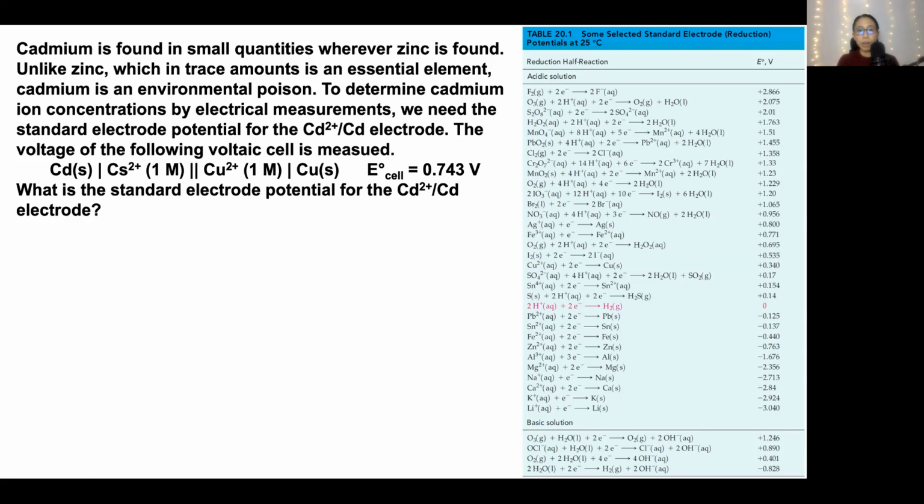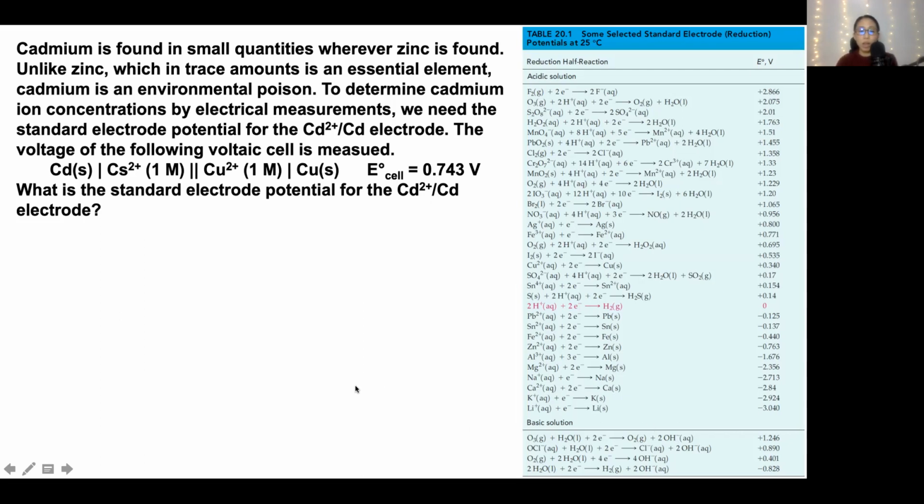So to determine cadmium ion concentrations by electrical measurements, we need the standard electrode potential for a cadmium electrode. So we have the following cell. So you have the cadmium electrode as your anode, and you have a copper 2 electrode as your cathode. And you measured its standard cell potential, and you got a value of 0.743 volts.